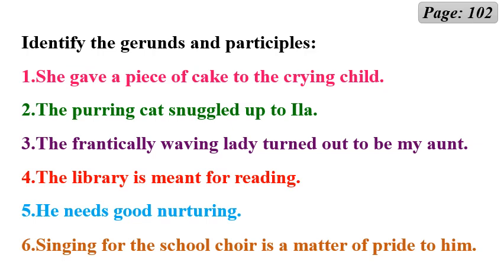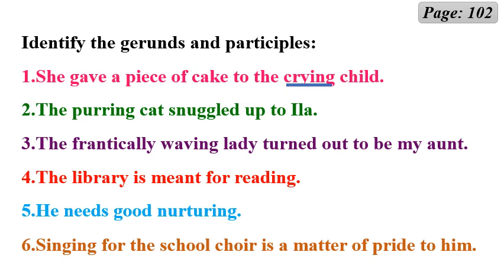Look at the first question. She gave a piece of cake to the crying child. The non-finite verb in this sentence is crying. Now we have to find out whether this verb is a gerund or a participle. What are gerunds? When a non-finite verb ending in ing acts as a subject, or when it acts as an object in a sentence, it is a gerund.